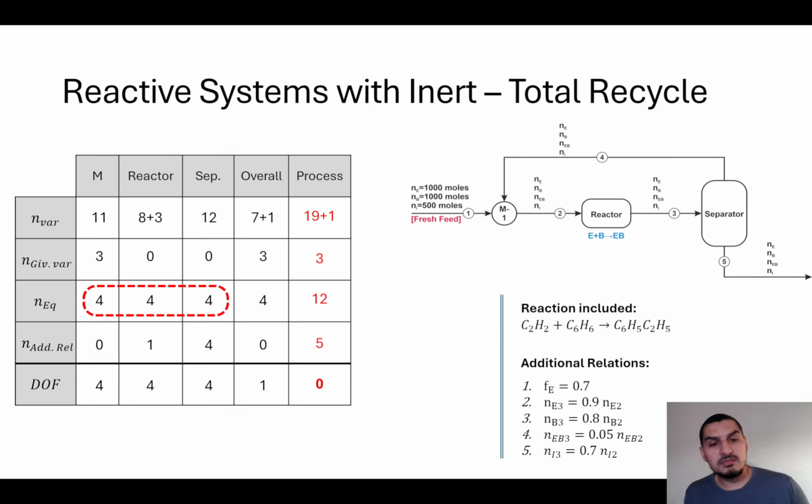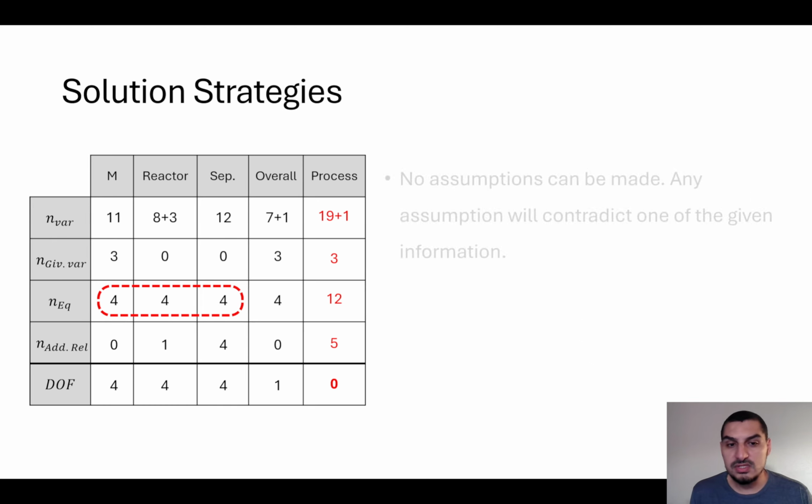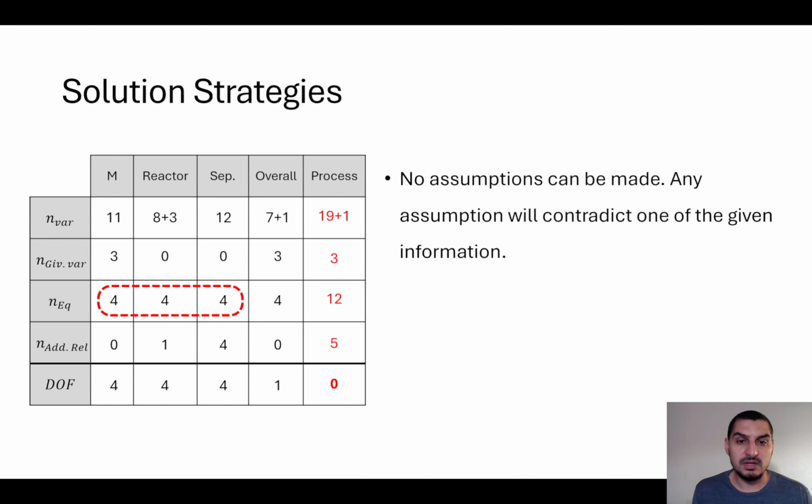There are a couple of strategies that I will cover here, and they are very famous strategies. By the way, they are used by simulation software. If you use a process simulation software like Aspen Plus or Aspen HYSYS, it would be operating using one of two strategies. One of them is called the sequential method, or the equation-based method.